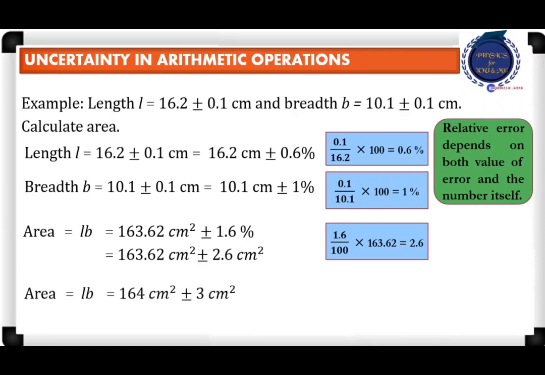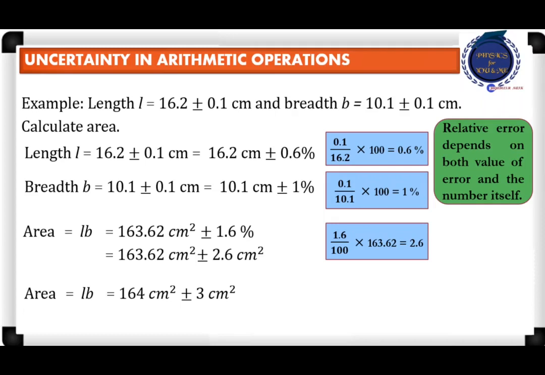When we have to round off, obviously we can see that all the rules have to be followed here. The number of significant figures in the length or the breadth is 3. So the area must also have only 3 significant figures. Therefore, instead of writing 163.62, we have to retain only 3 significant figures.